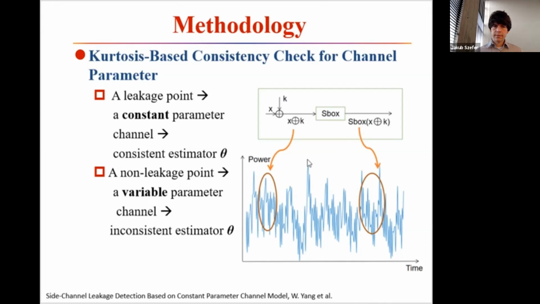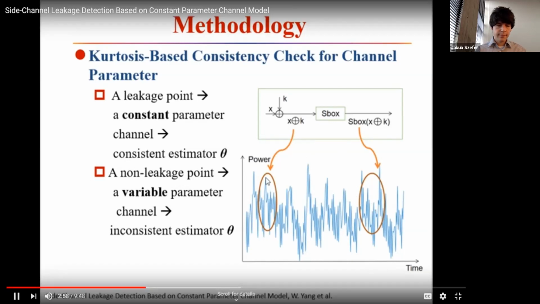On the contrary, the channel established with the data of a leakage point should be a constant parameter channel and will provide a consistent estimator for the channel parameter.